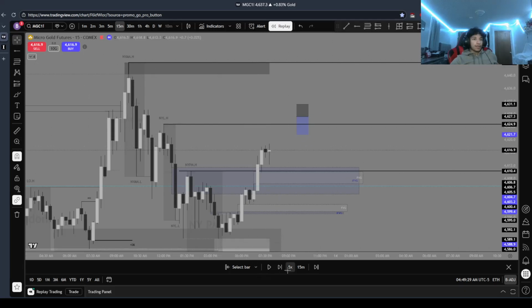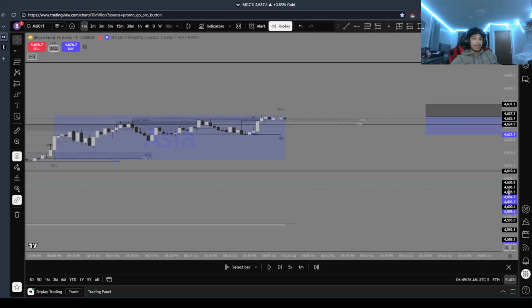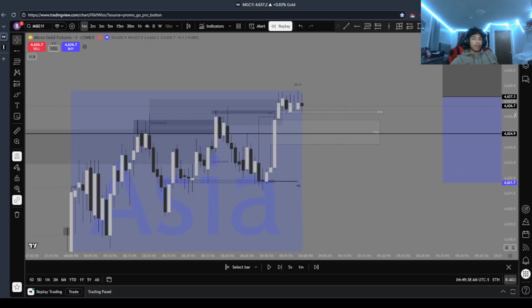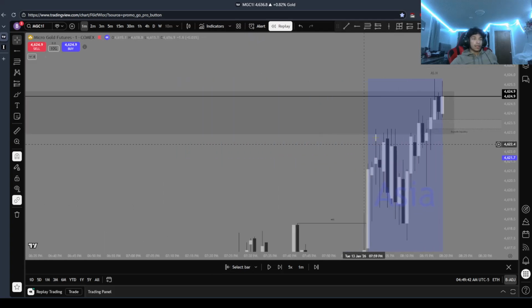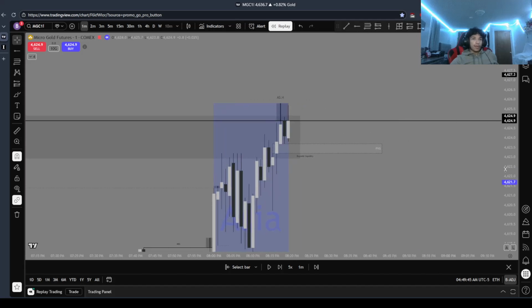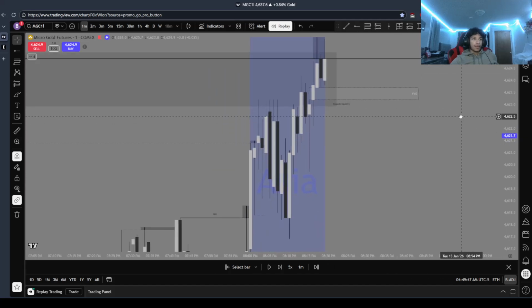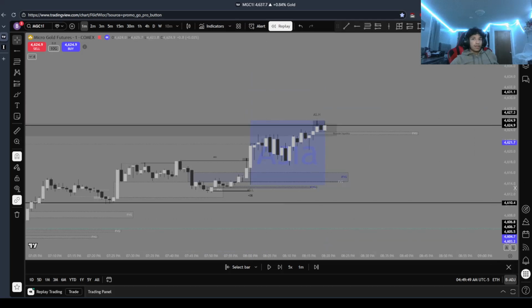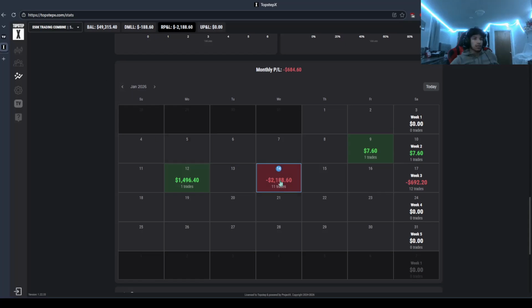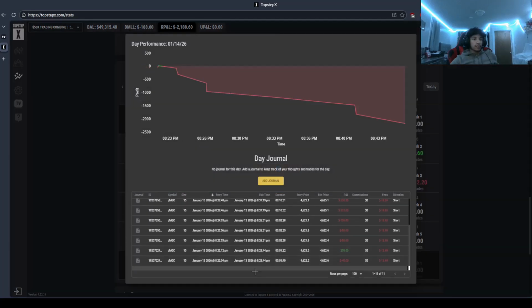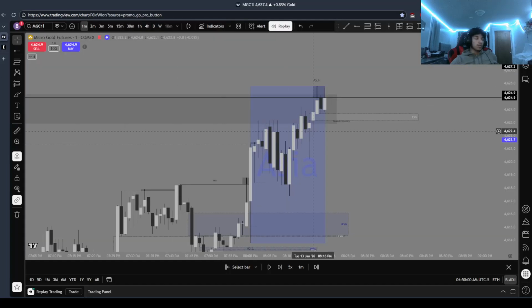I always show you. So once we swept out that high right here, I believe we went to the 30-second time frame. I think our first trade was around right here, after we got a sweep of this. Yeah, 22 was our first trade.